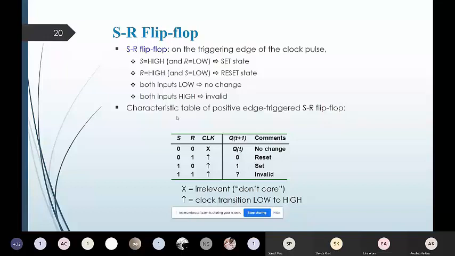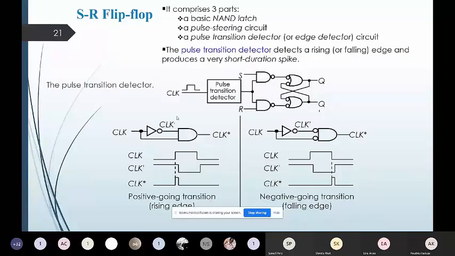Now we will go for the basic flip-flop representation in terms of gates. This is also said to be the NAND gate representation for the SR flip-flop, wherein in this total circuit we have three basic parts.